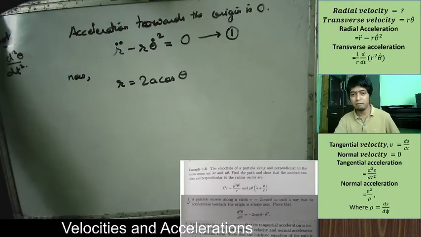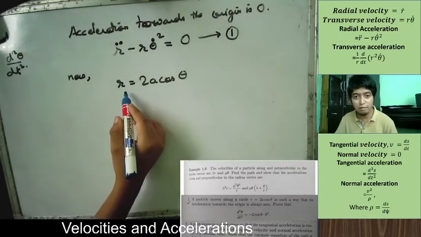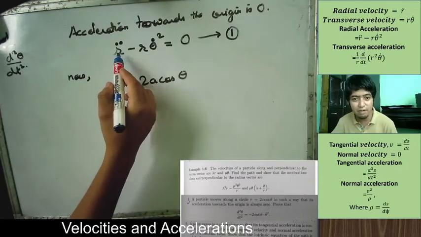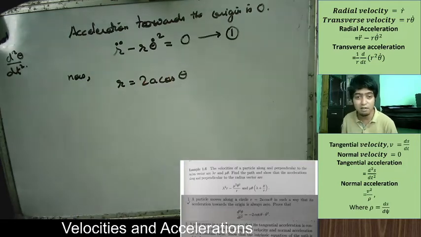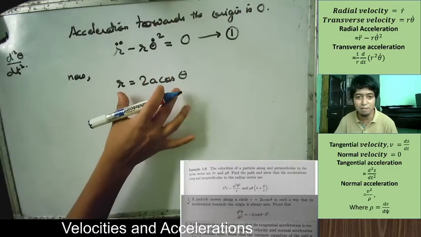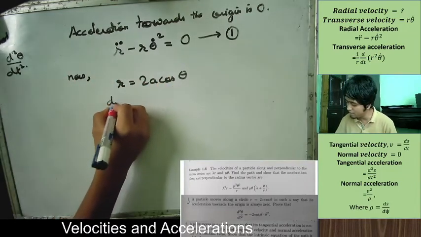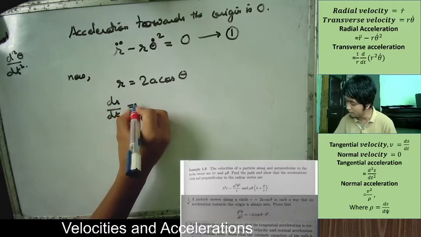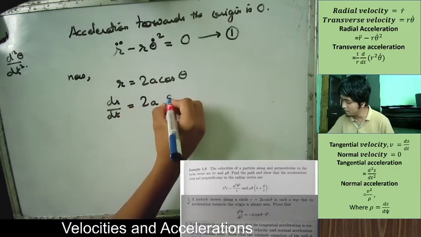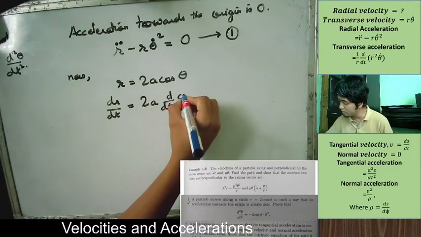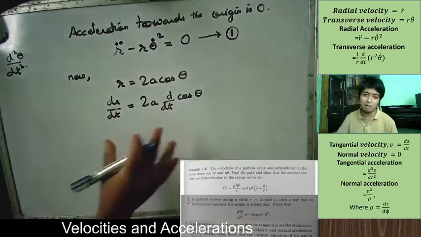So what we will do, because over here we have r double dot minus r theta dot square, we will have to differentiate this one with respect to time. Differentiating with respect to time, we will be having 2a, it is a constant, so d dt cos theta. Again, I'm writing it step by step.